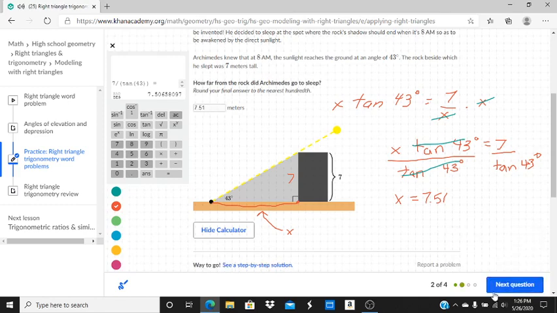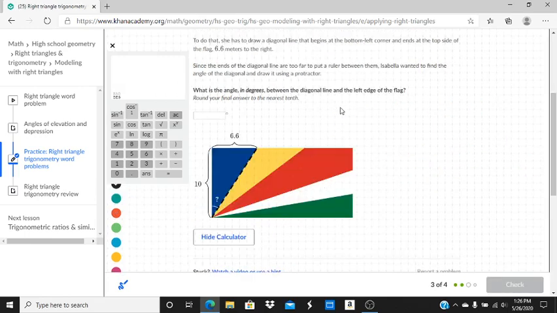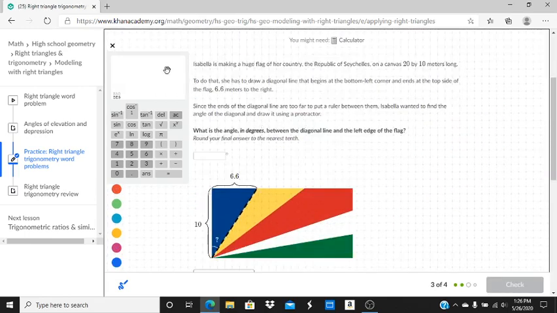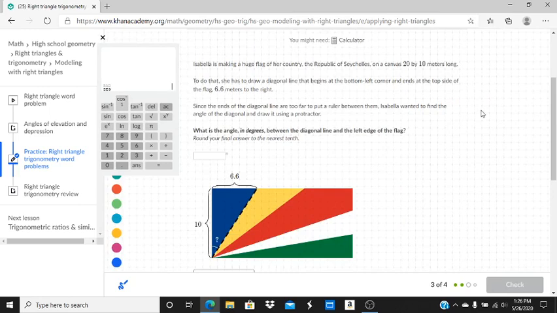Okay, let's do one more. Isabella is making a huge flag of her country, the Republic of Seychelles, on a canvas 20 by 10 meters long. To do that, she has to draw a diagonal line that begins at the bottom left corner and ends at the top side of her flag, 6.6 meters to the right.